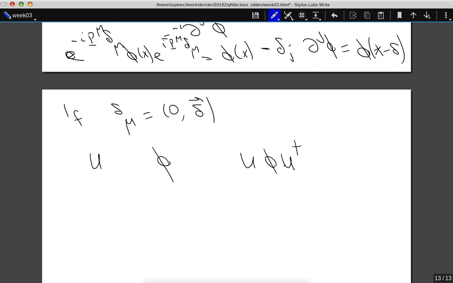And in the case of translational symmetry, U is e to the power minus i P delta. That's what I use. Now that's why I looked at this expression, because I knew the answer.